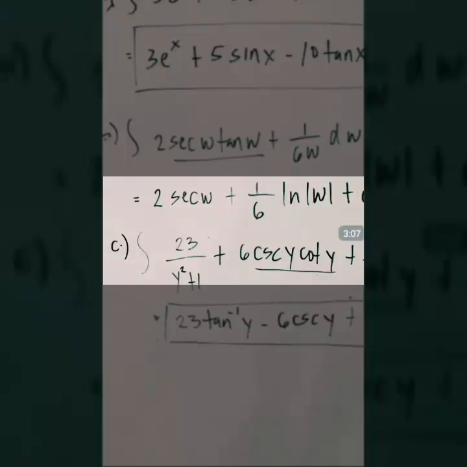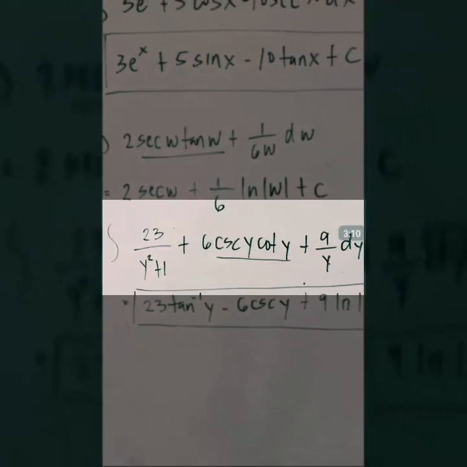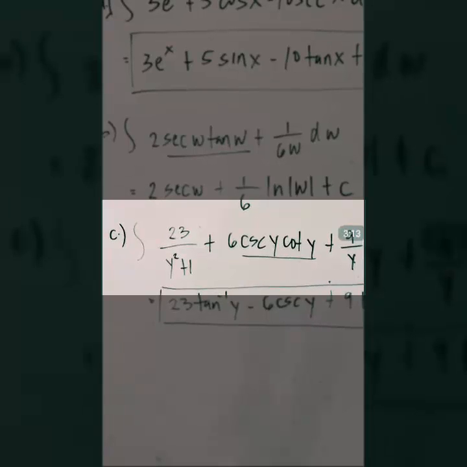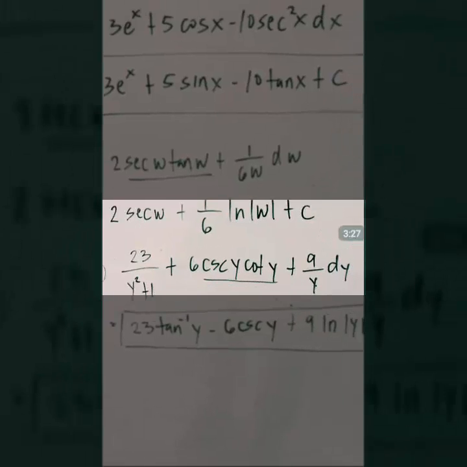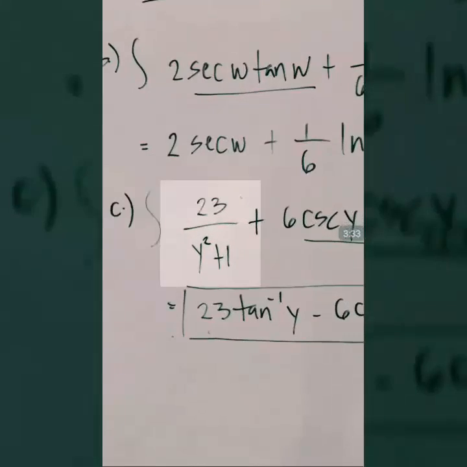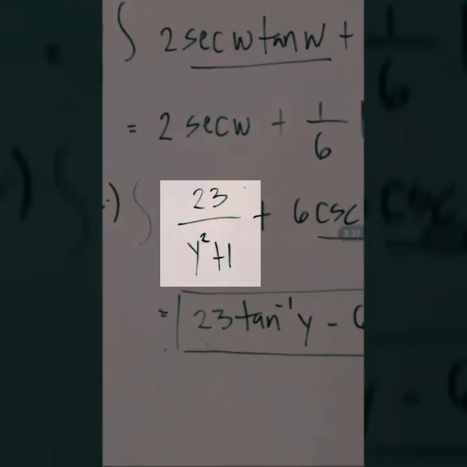For the third example, letter C, meron tayo ditong y squared plus 1 sa denominator ng first term. We need to find the integral of 23 over y squared plus 1 plus 6 cosecant y cotangent y plus 9 over y dy. Sa first term, kung mapapansin nyo, dun sa ating integration formulas, ang integral ng 1 over y squared plus 1 is equivalent to arctangent y.